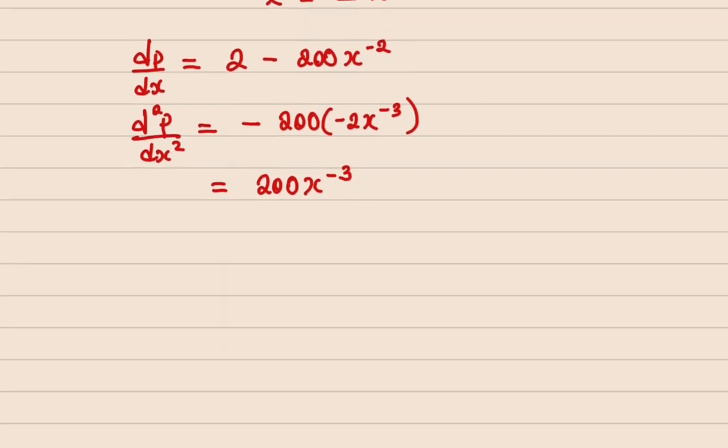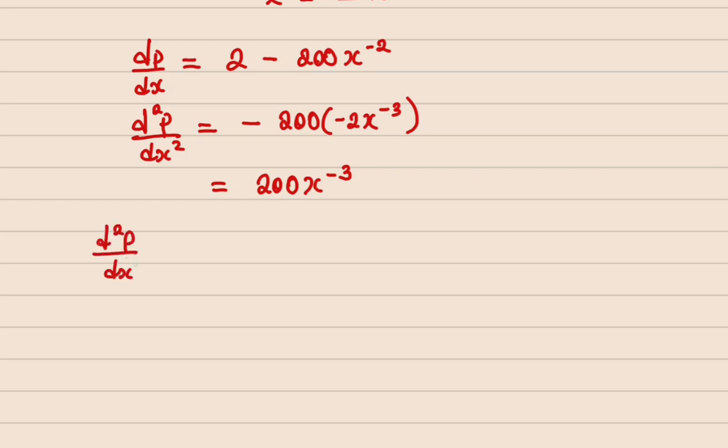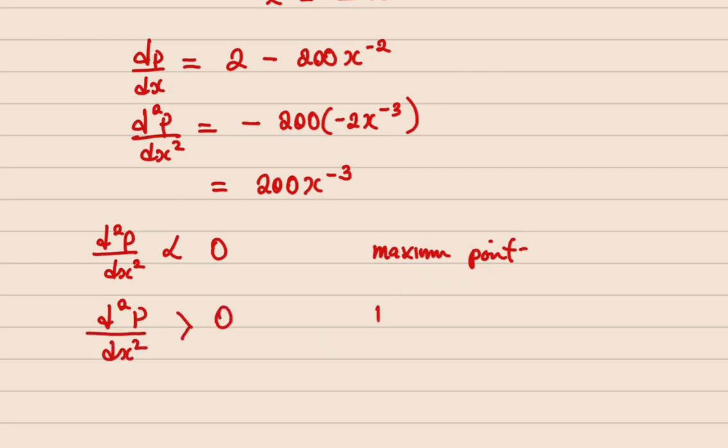Now the condition is this: if d squared P by dx squared is less than 0, it is the maximum point. If d squared P by dx squared is greater than 0, it is the minimum point.